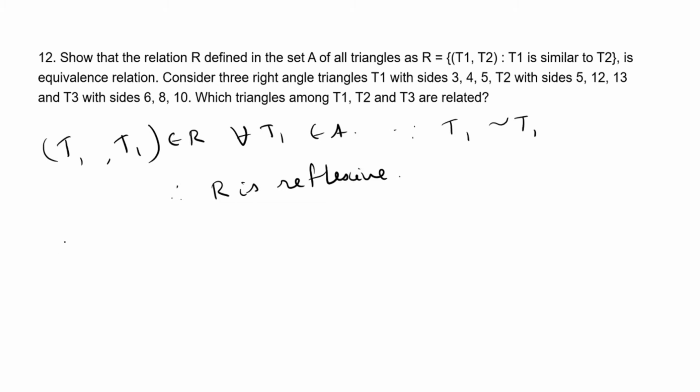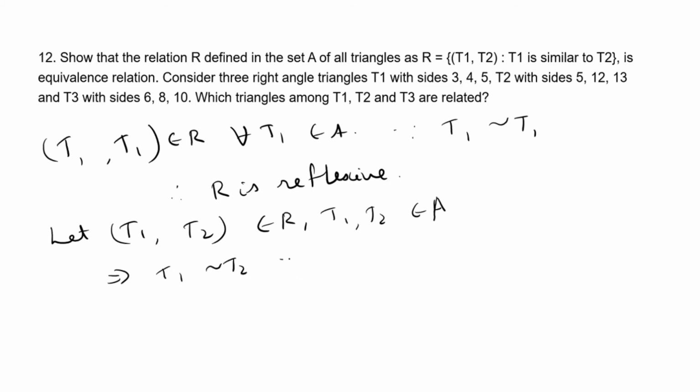Now we will prove R is symmetric. Let T1, T2 belongs to R, where T1, T2 belongs to A. So if T1, T2 belongs to R, it means T1 is similar to T2.